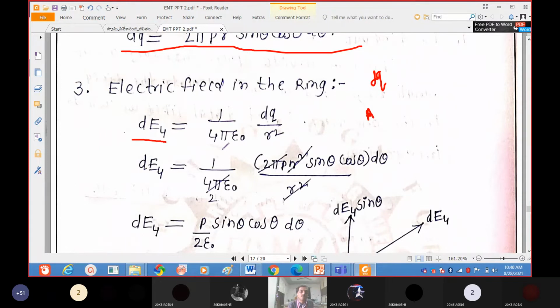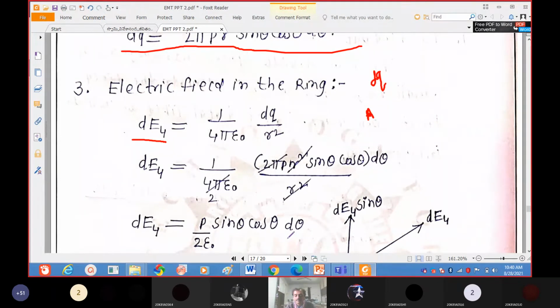What is the formula? 1 by 4 pi epsilon naught into dq by r square, where r is the distance between the charge and that point. Substituting the dq value, 2 pi P r square sin theta cos theta d theta, some terms will be cancelled. So the resultant is P by 2 epsilon naught into sin theta cos theta d theta.